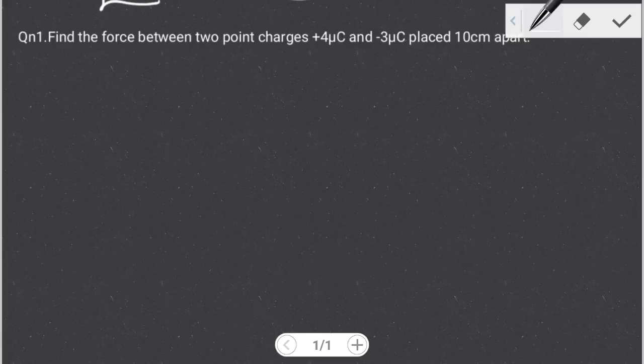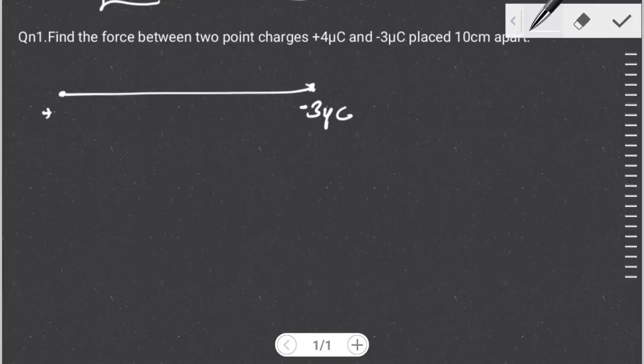Let this one be negative 3 nanocoulombs, and here let this one be positive 4 nanocoulombs. The distance of separation of these two charges is 10 centimeters.